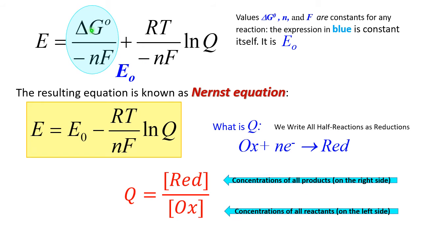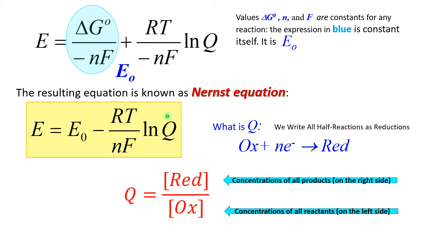The first term is delta G0 divided by minus NF. Now, this is simply E0 from our previous consideration. So we can write E equals E0 minus RT over NF ln Q.